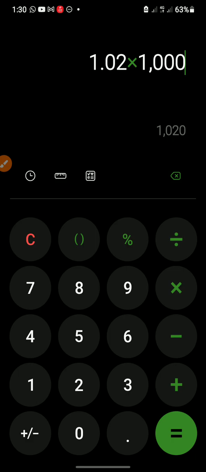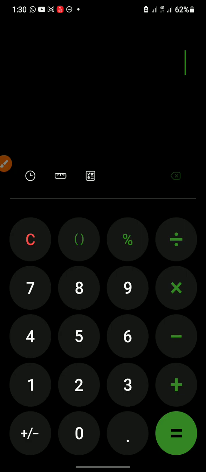Imagine you bought it a few hours ago when it was at 0.88. 0.88 times 1,000, you're spending $880.